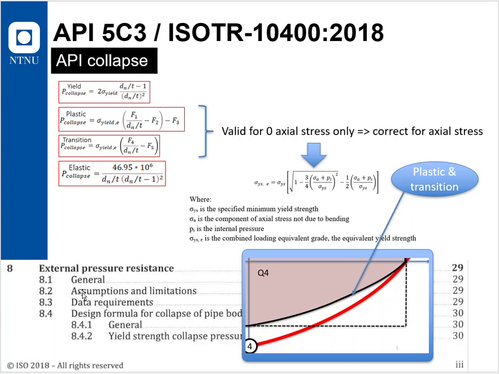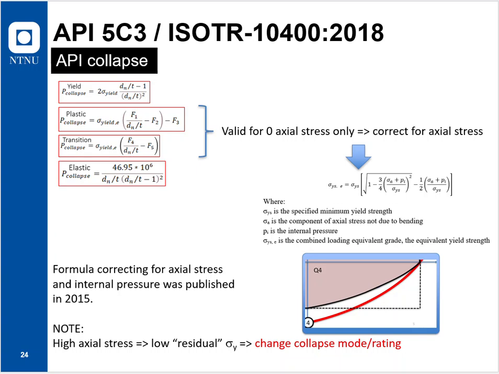Another thing that was put in at some point was the surface area difference on the inside and on the outside of the pipes. What you need to be aware of is that if you add a lot of axial stress, your yield strength is going to go down quite significantly.